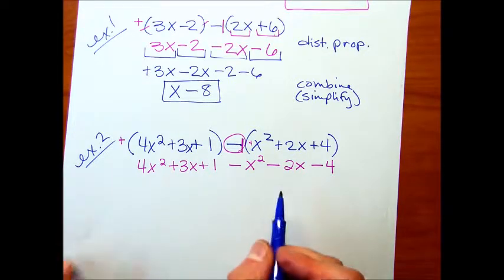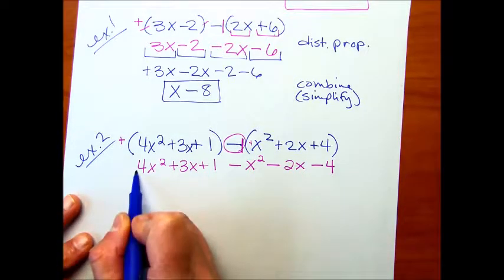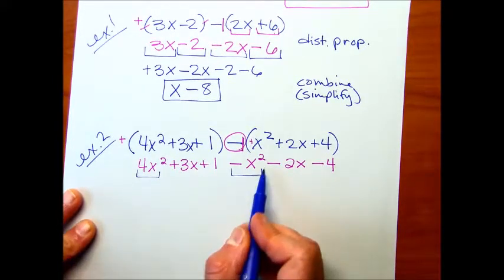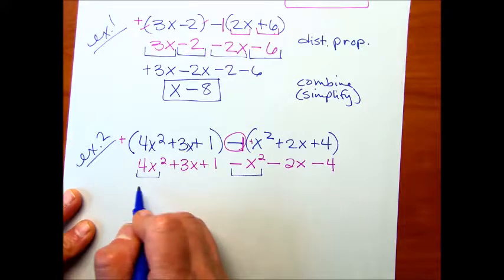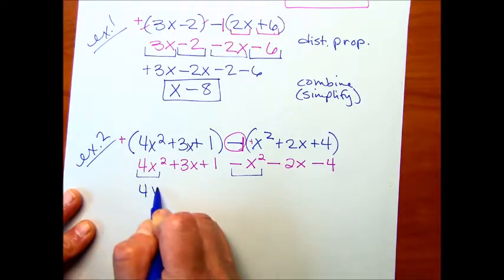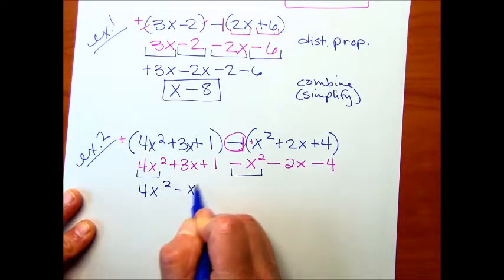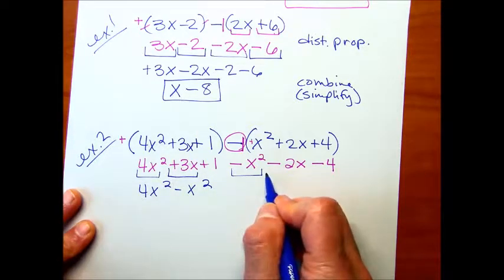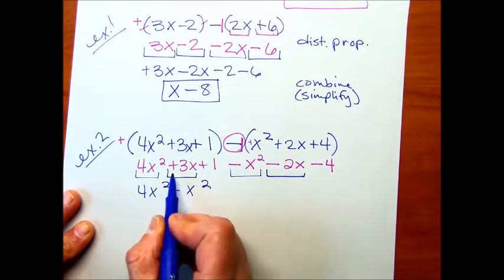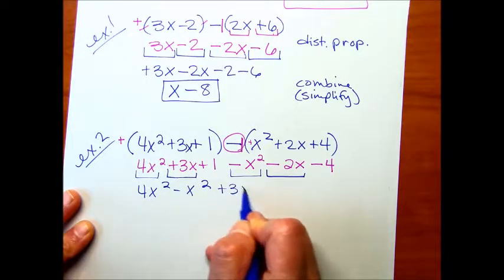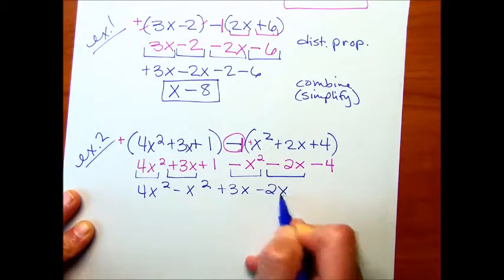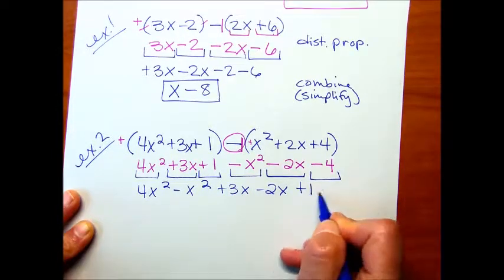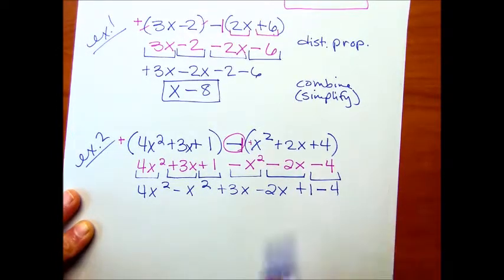Now we get to combine like terms. We're going to put the higher degree variables first. So we've got 4x squared minus x squared, and then our x is x to the first power, so that's a positive 3x minus 2x, and then our numbers, so positive 1 and then negative 4.